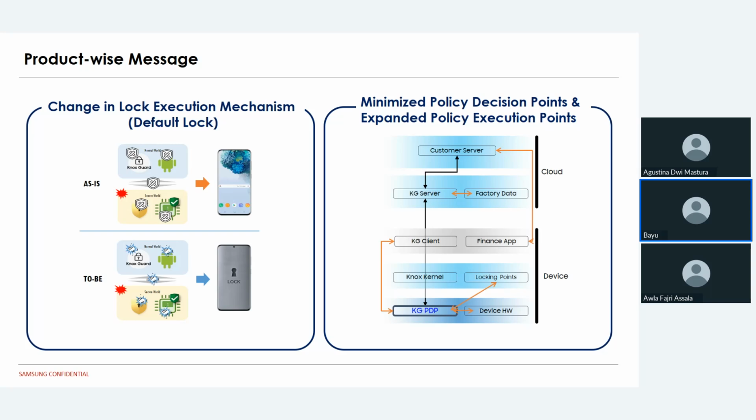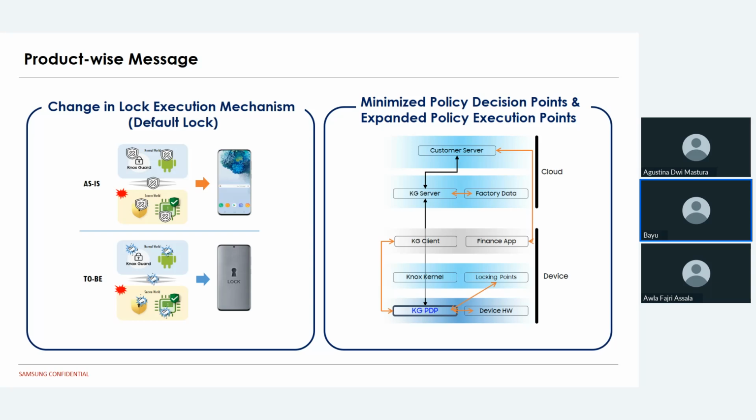As you can see in the pictures, in our as-is model, locking was heavily reliant on the cloud and the server side. In the new model, we are implementing what we call the hardware-based policy decision point, the PDP. It's implemented directly on the device itself.